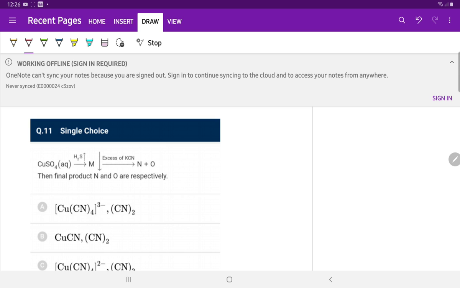We'll move to question number 11. Copper sulfate aqueous reacts with H2S to form M. M is the black precipitate of CuS. And when it reacts with excess of KCN, N is [Cu(CN)4]3- plus (CN)2.